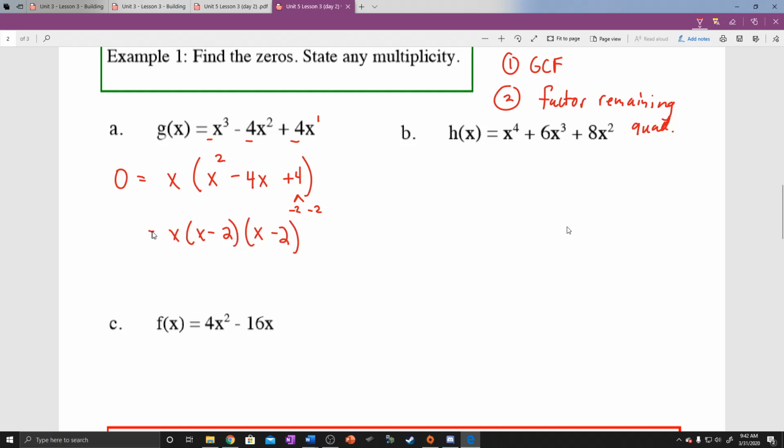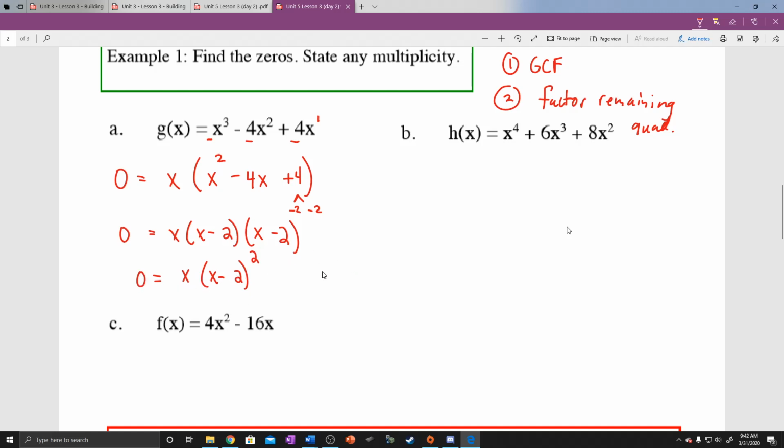I'm going to start going a little faster with factoring and not write out all the factors every time. Now this can be rewritten because x minus 2 is repeated, like this: x minus 2 squared. So what are my zeros?